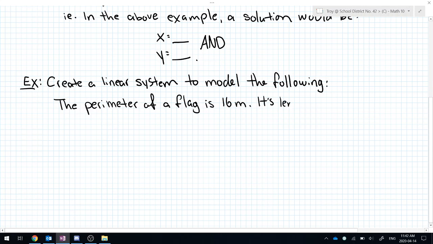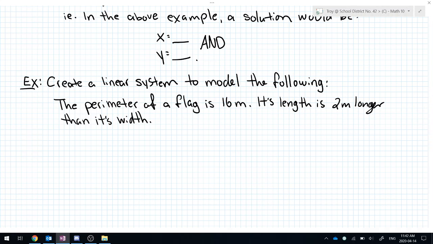Its length is 2 meters longer than its width. Okay, so that's our situation.